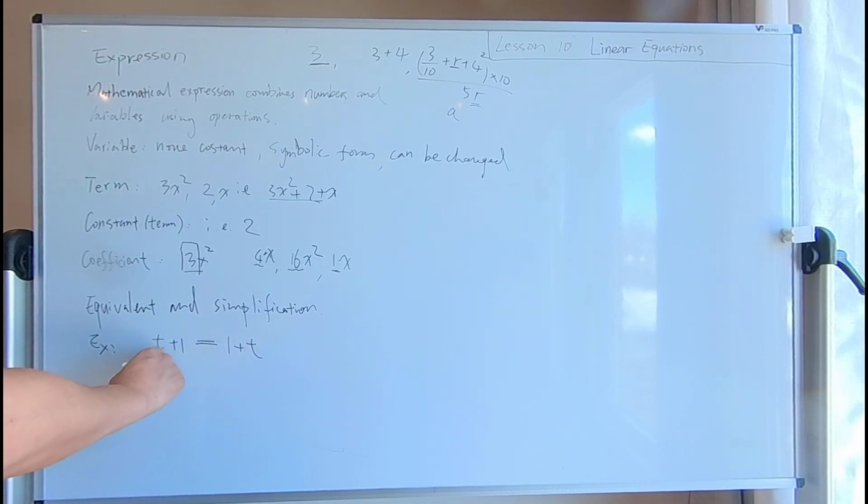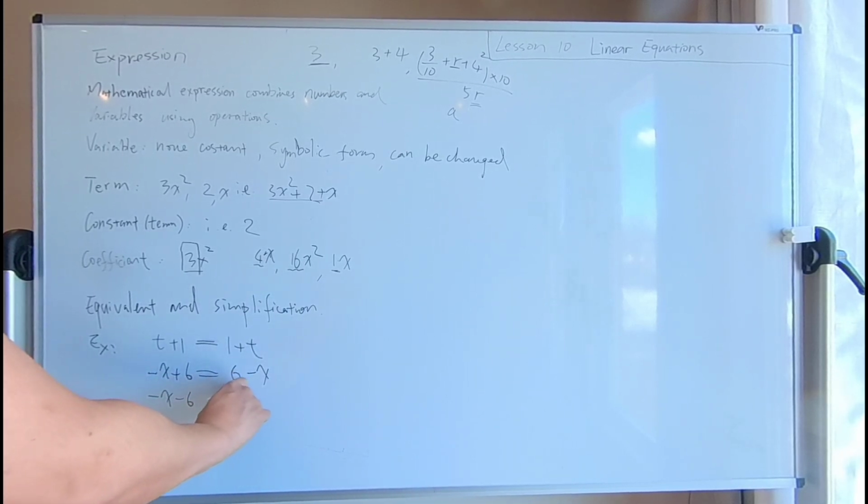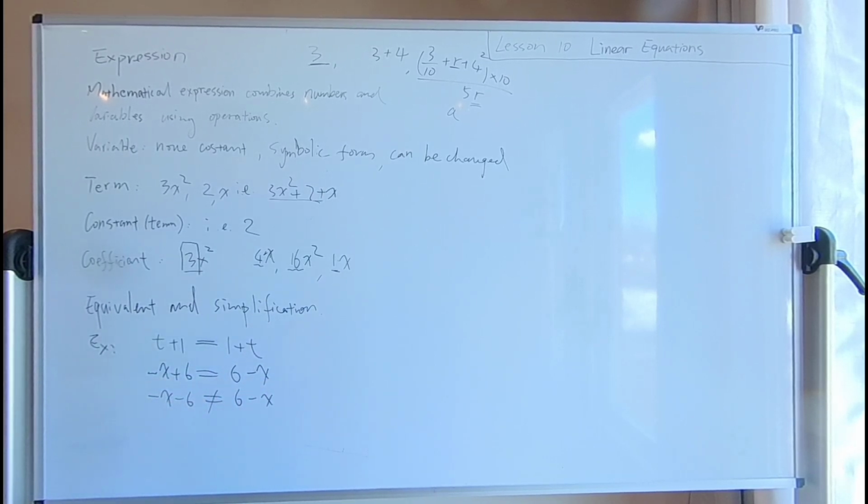Also, if I have minus x plus 6 and 6 minus x, they are also equivalent. But if I have minus x minus 6 and 6 minus x, they are not equivalent. Right?